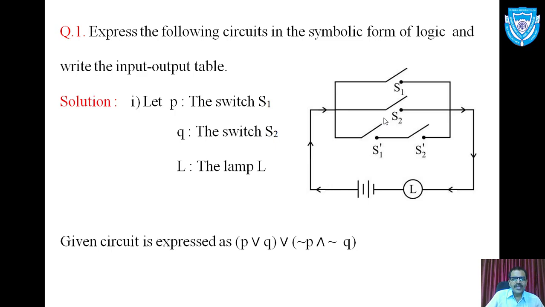Now P stands for switch S1 is on, which ultimately means negation of P stands for the switch S1 is off. So negation of P stands for the switch S1 dash. Whenever you are writing S1 dash, no need to write the state of the switch, on or off.